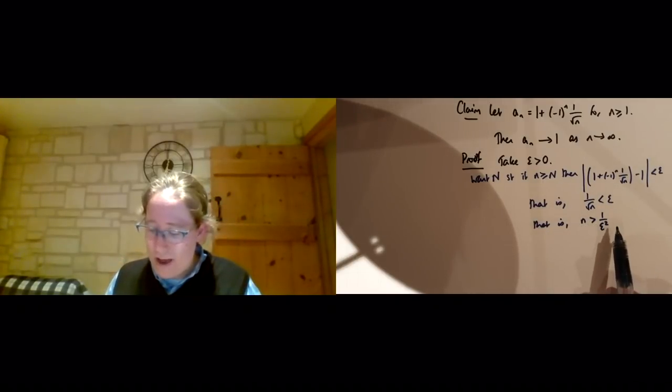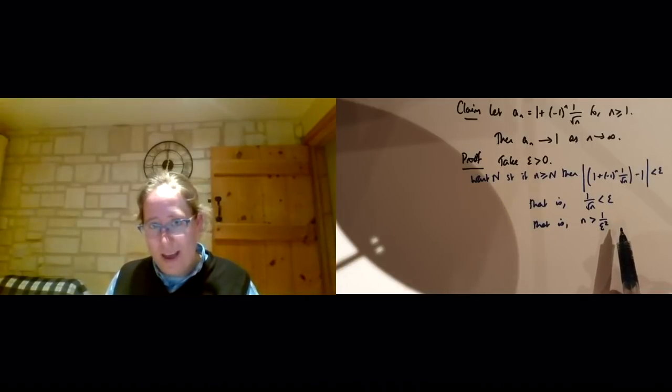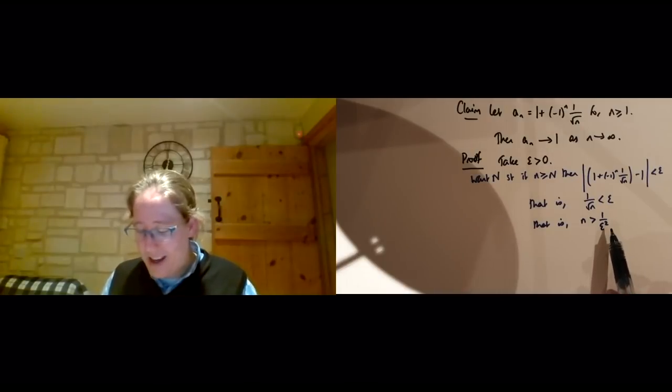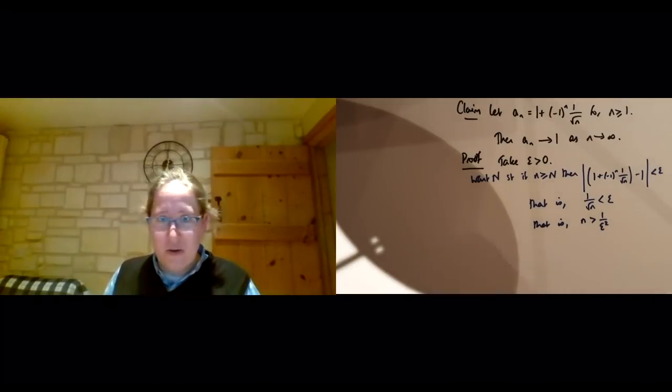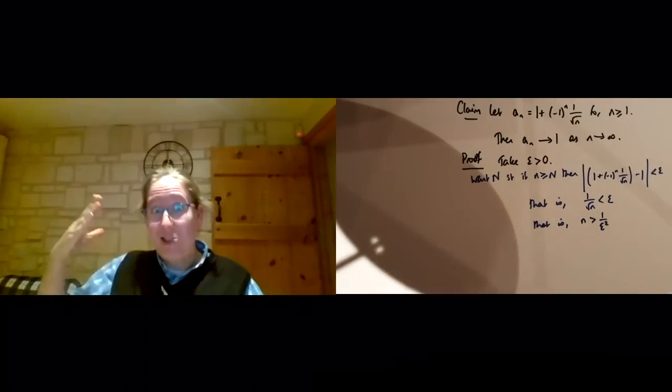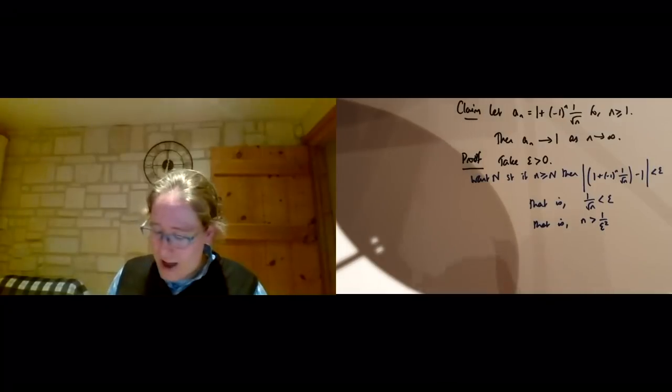That's what we're kind of aiming for here. So if we could pick a capital N, so that for all little n greater than or equal to capital N, we had little n greater than 1 over epsilon squared, then by running through the inequalities in the correct direction, we'd be in business. Is there such a capital N? Sure, we just pick an integer bigger than 1 over epsilon squared.